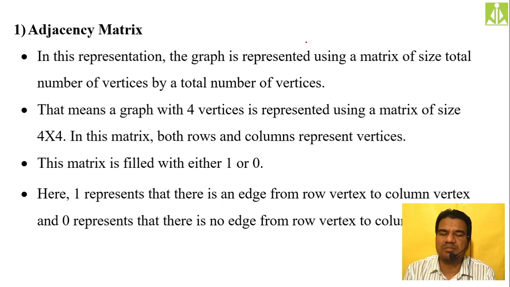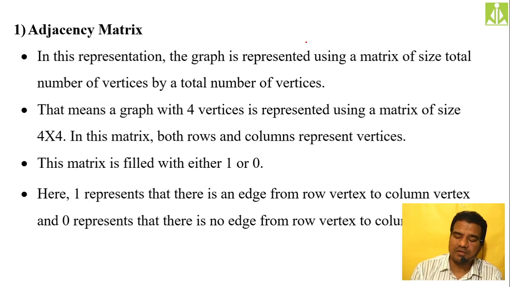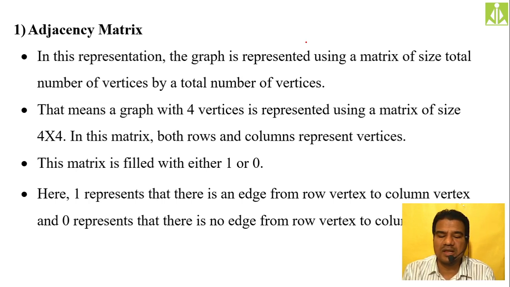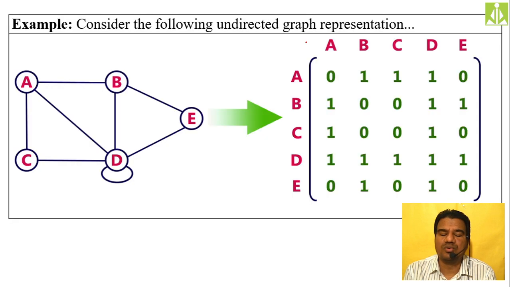We name the rows and columns with vertex names. Whenever we have an edge between two vertices, we simply put 1, and if there is no edge, we simply put 0. You will clearly understand this when we do the example.